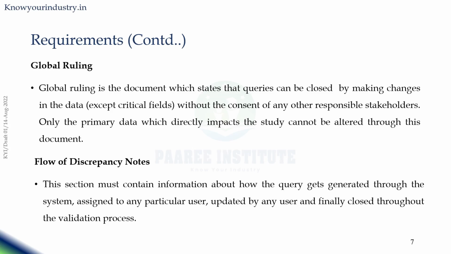For example, if laboratory data is entered incorrectly, but you have a source for the same, then the team can correct it and provide the supportive document for future reference. It doesn't mean that this is done without getting any consent from responsible stakeholders, but it should have the supportive document for modifying the data, and that should be the source document.